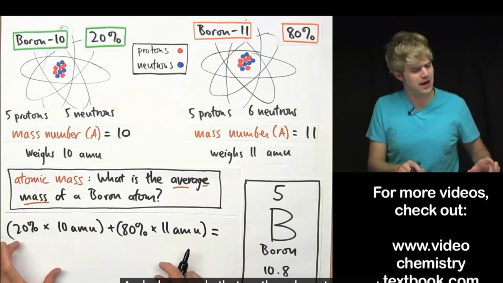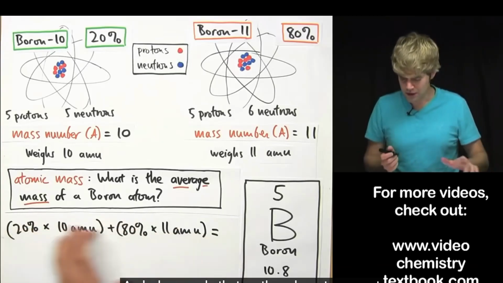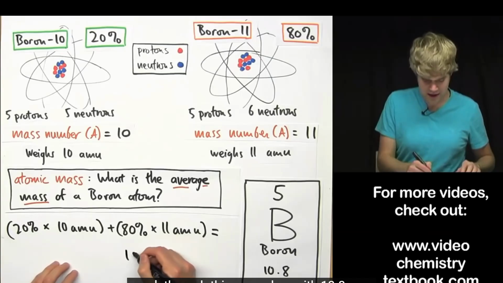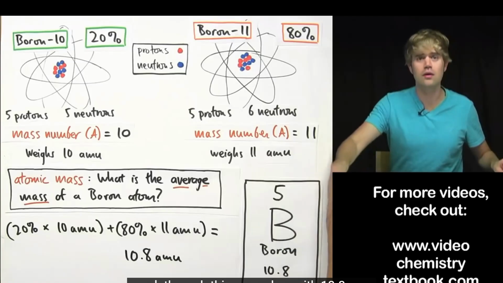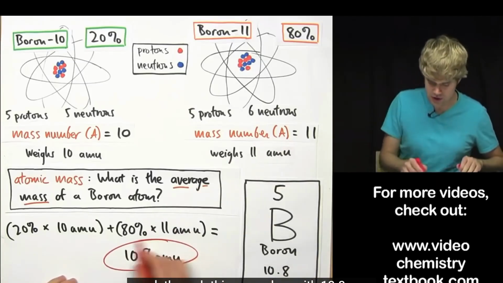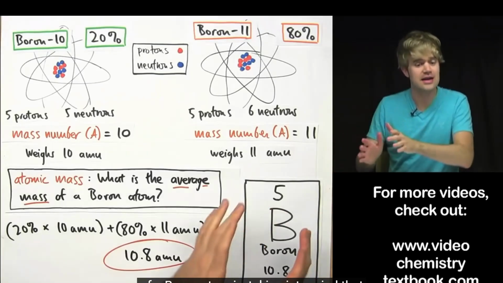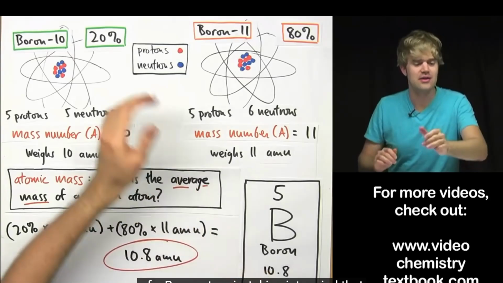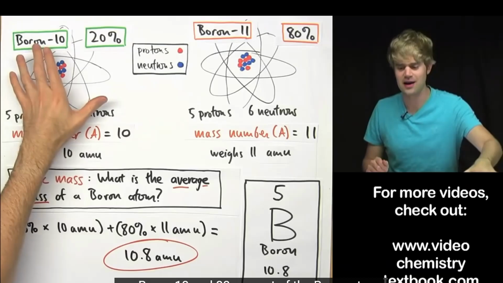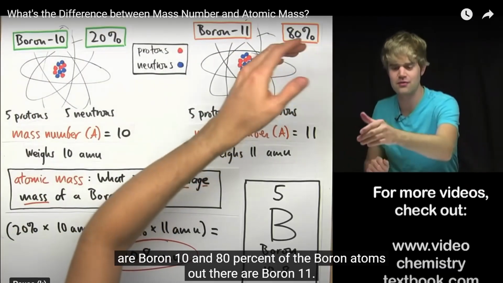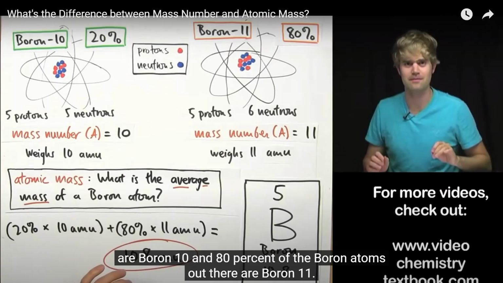We have to convert the percentages into decimals, but when we crank through this, we end up with 10.8 AMU. And this tells us what the average weight of a boron atom is, taking into mind that only 20% of the boron atoms out there are boron 10, and 80% of the boron atoms out there are boron 11. Okay, so we're going to leave it at that.